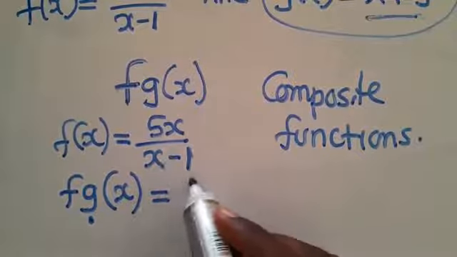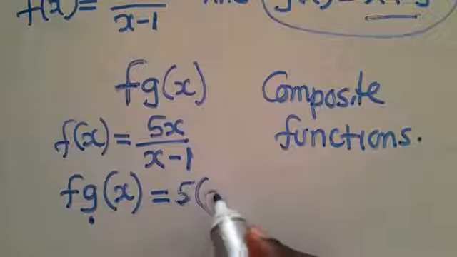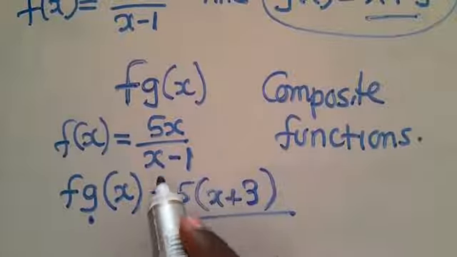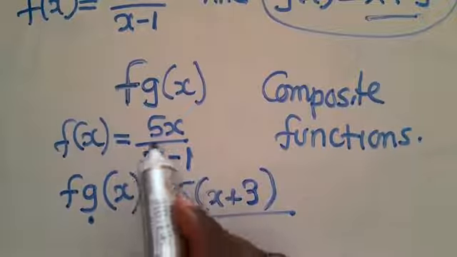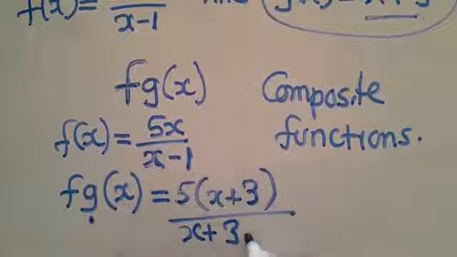So there is 5 there, so you write your 5 there. Then you say open bracket x plus 3. Here we've got x, so where there is x, put x plus 3. Then there is minus 1 there.